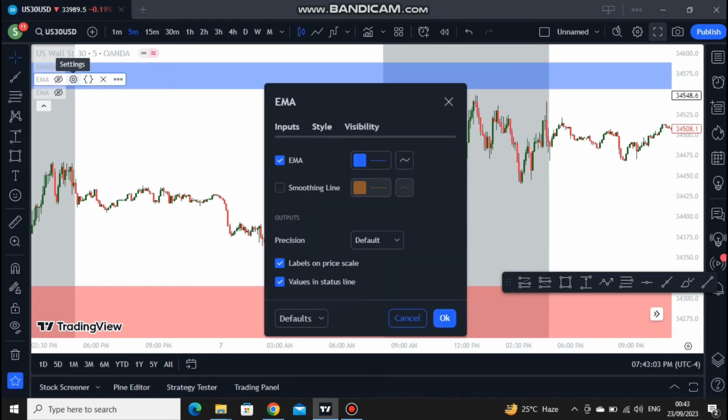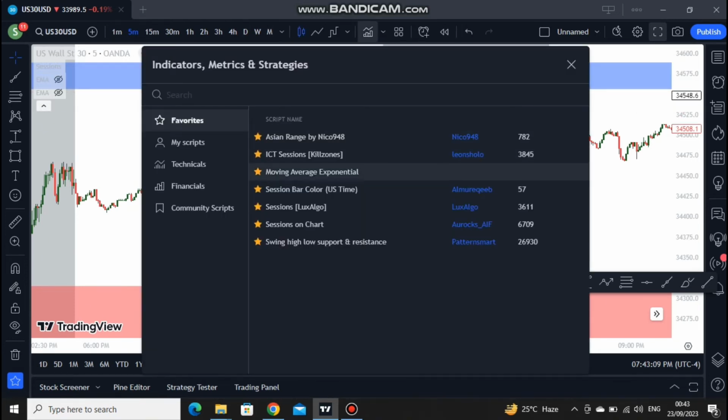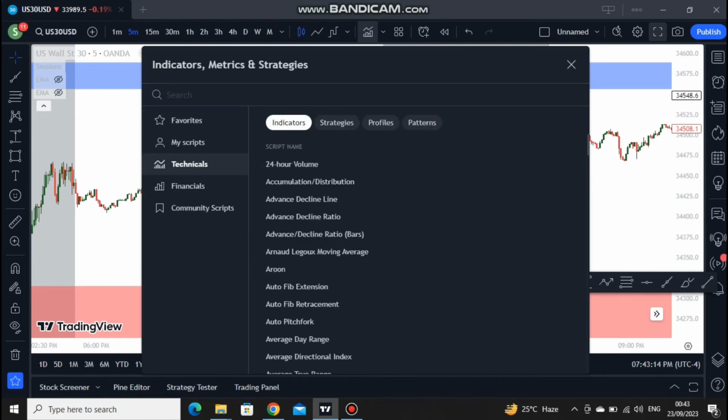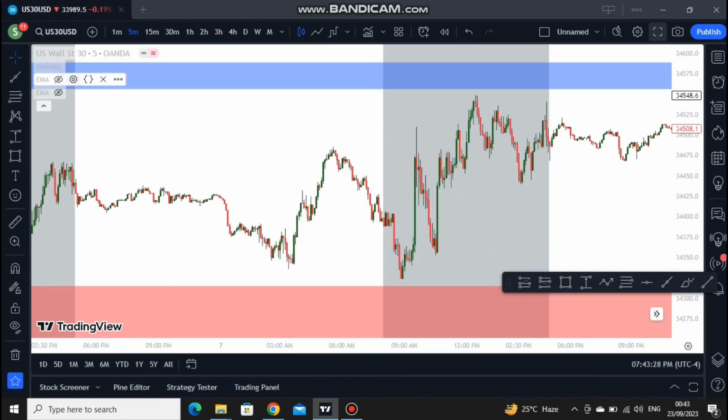So come here to your indicator settings. You can see the name here. Just come to technicals, type moving average. You can see them, moving average exponential. Start it, make it your favorite. Then once you make it your favorite, come to settings here.